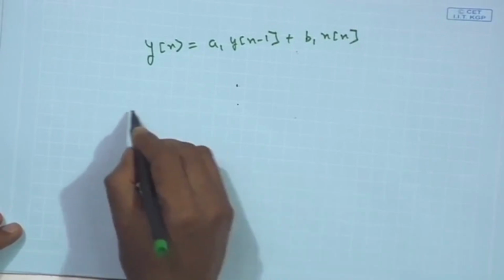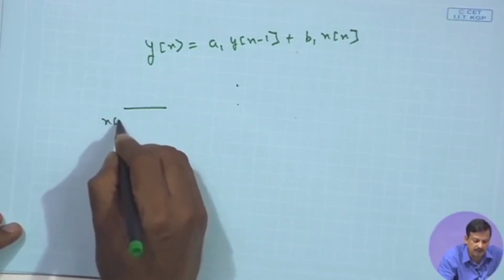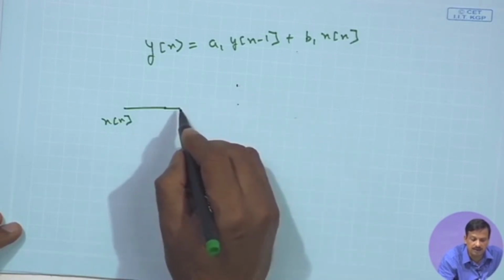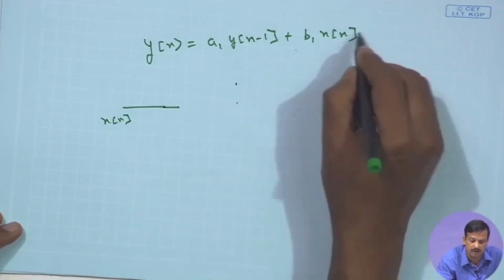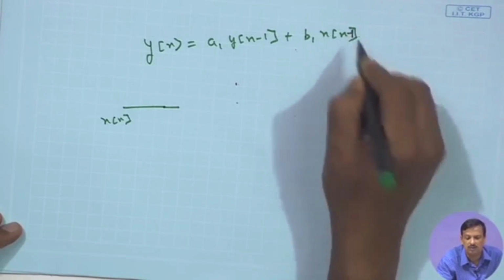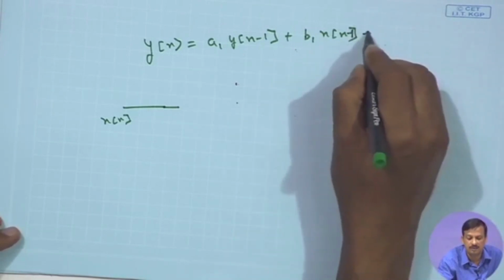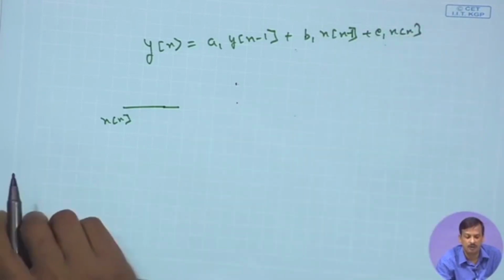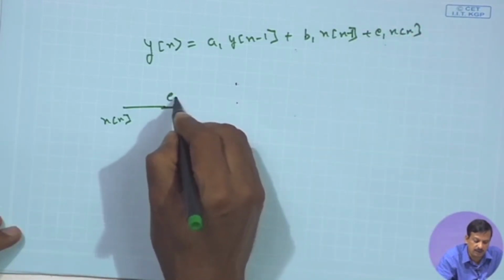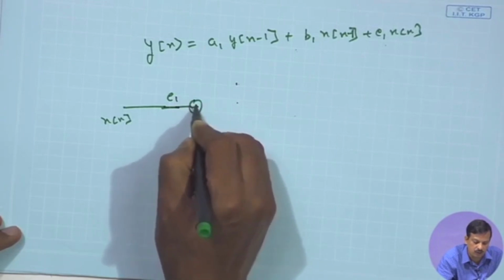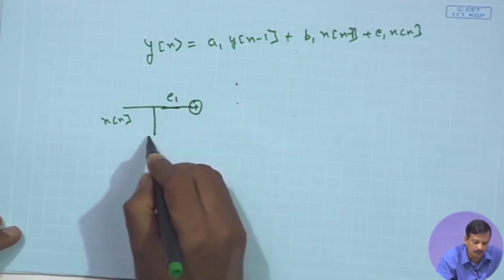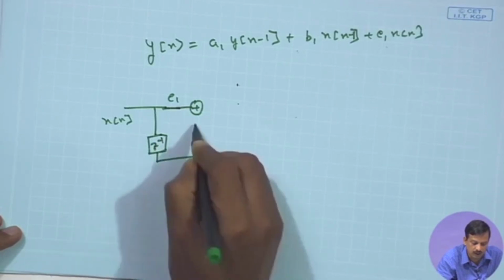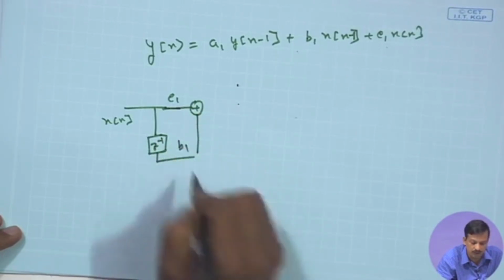I can write down the system; this is my x n input, and I can say it is multiplied by c 1, added with a delayed sample, z to the power minus 1, multiplied by b 1.